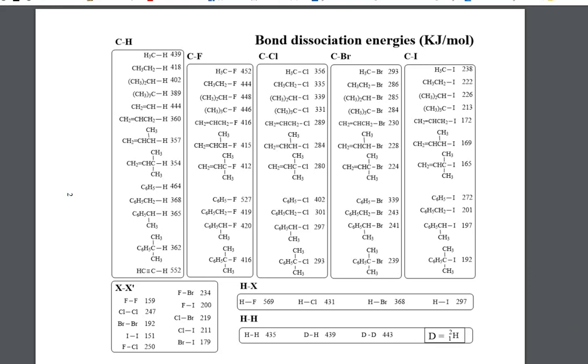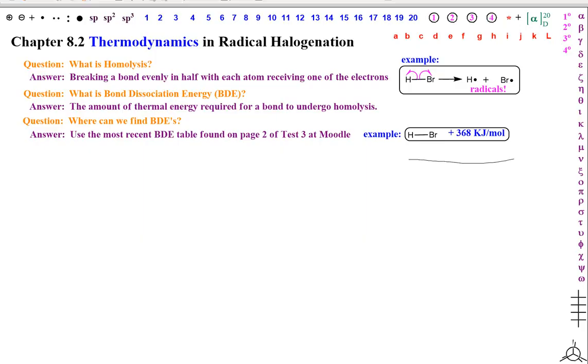I need to find the bond dissociation energy for breaking H bonded to Br, and it looks like I found it down here. HBr, 368 kilojoules per mole. This means it takes 368 kilojoules of energy to pop open 1 mole of HBr bonds, according to this reaction up here.